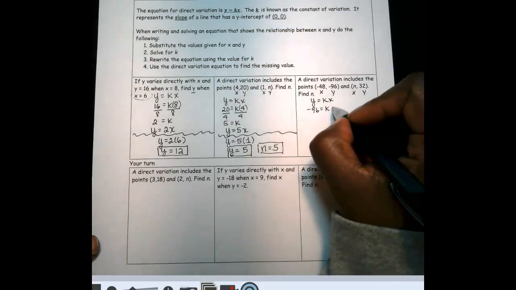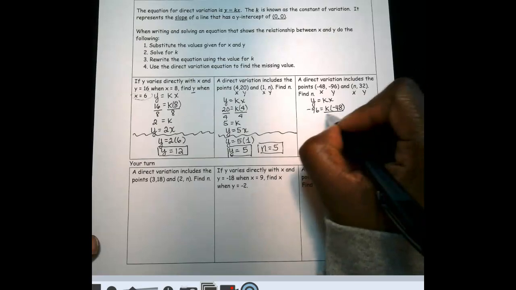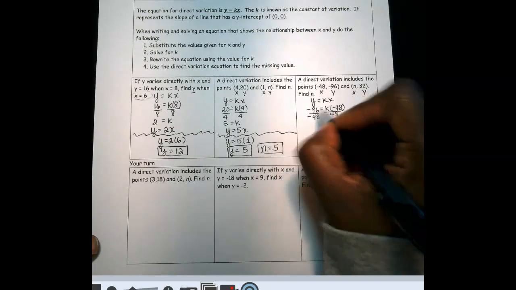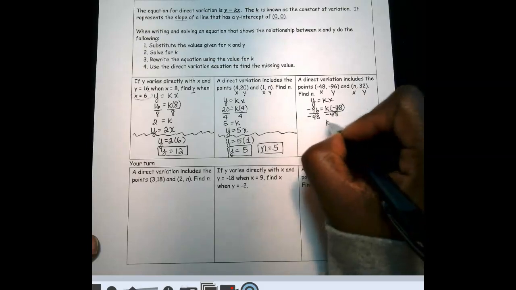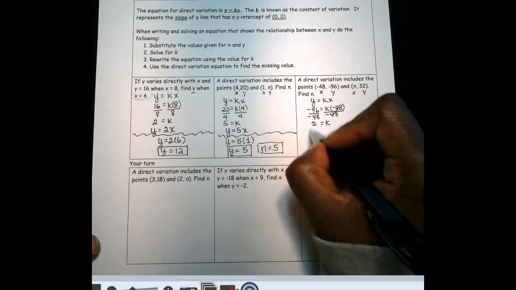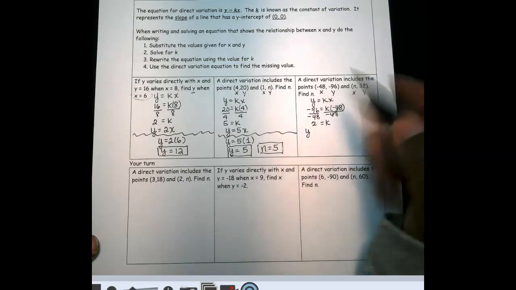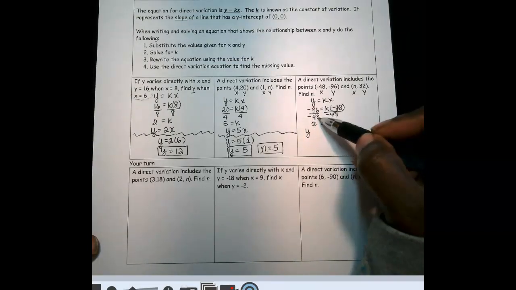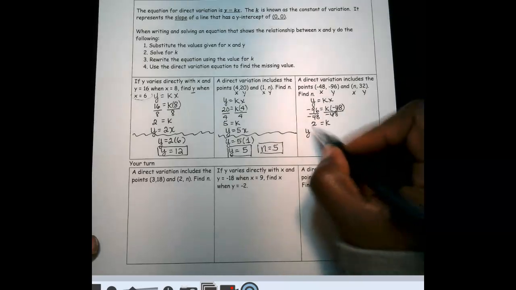We don't know what k is, but we know that x is -48. We're going to divide by -48 on both sides of the equation. k, therefore, is 2. Now we rewrite, and I know it's 2 because it's a negative divided by a negative, and 48 plus 48 is 96. That's how I got that.